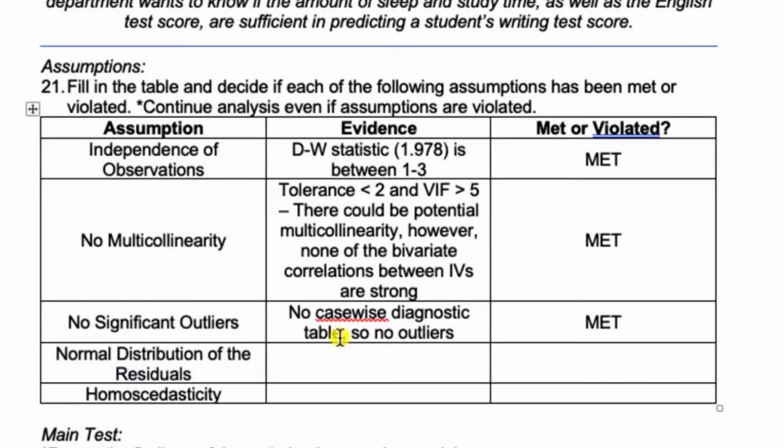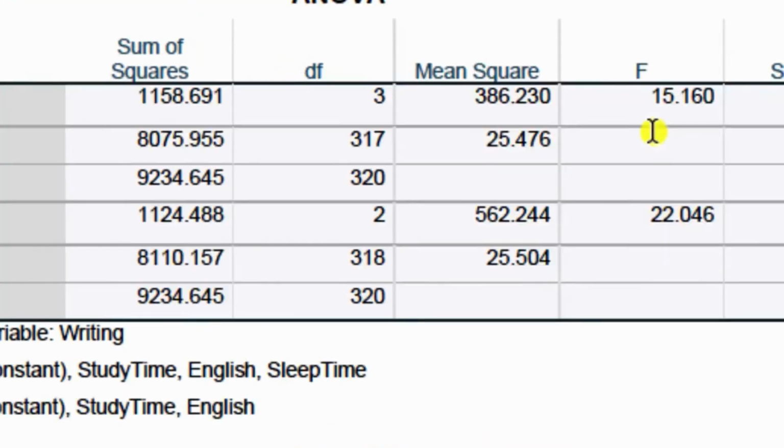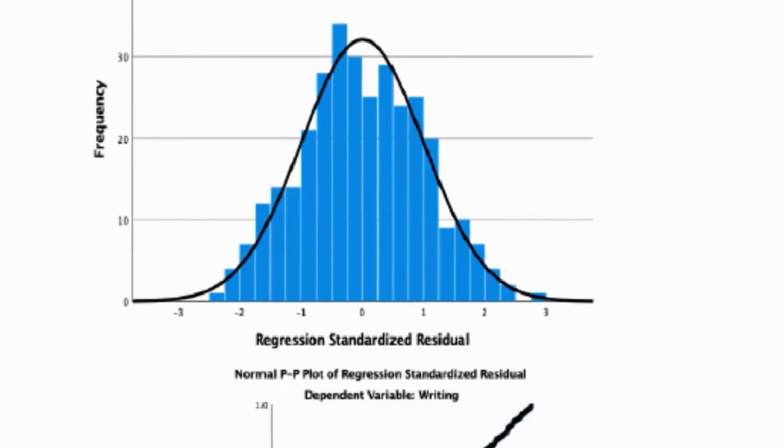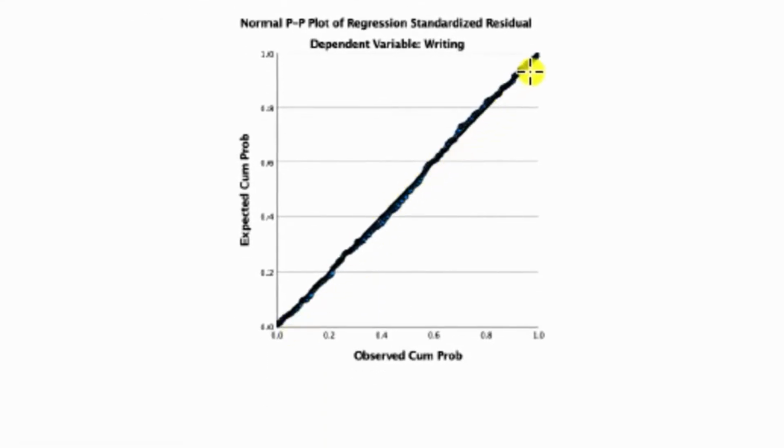The other one we have to look at is normal distribution of residuals, which we can observe by looking at our histogram and our PP plot. Okay, based on our histogram, our data pretty nicely fit this normal curve. Our mean is close to 0, and our standard deviation is in fact close to 1. Based on the PP plot, our dots are fairly lined up along the line.